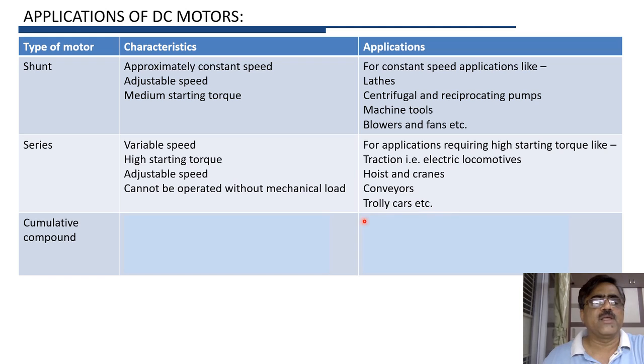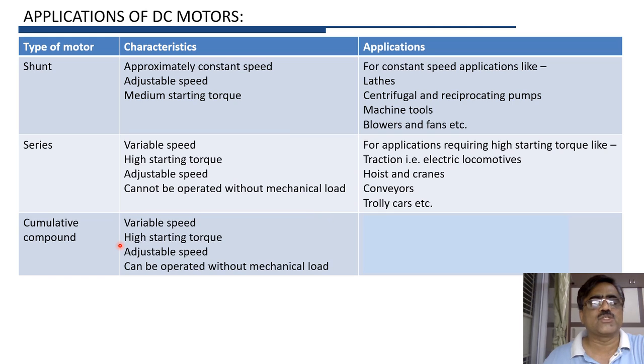Then third is cumulative compound motor. So cumulative compound motor, in this case also the speed is variable, but it is not as variable as DC series motor. Then starting torque is high. In this case also the speed is adjustable, and here the motor can be operated without mechanical load.